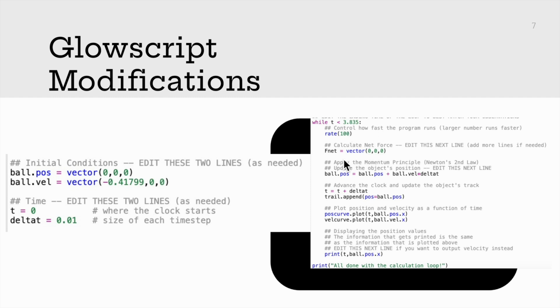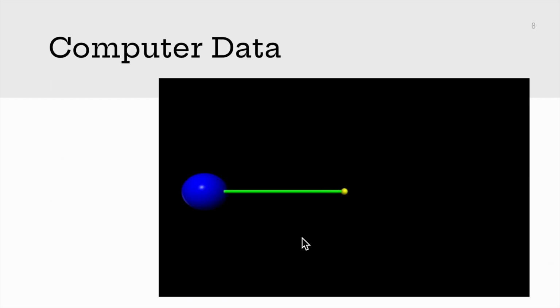And we assumed an F_net of 0 newtons, and we were updating the ball velocity and the ball position with the delta t value for the specified iterations. This gave us this computer data where we see how the ball initially started in this small yellow ball and moved towards the left, which is exactly the movement that we see in our video.